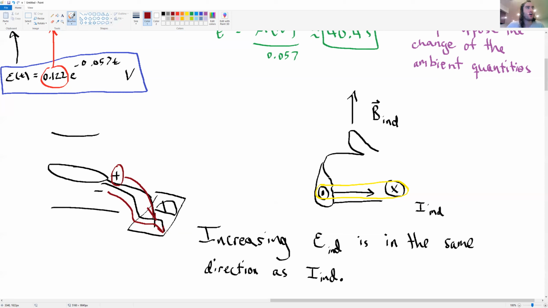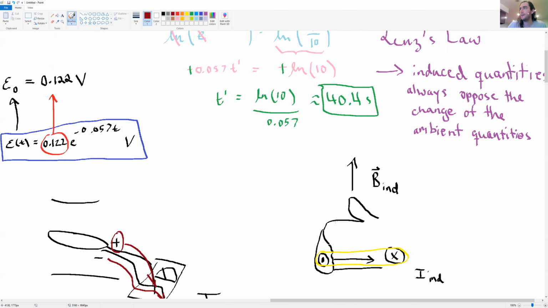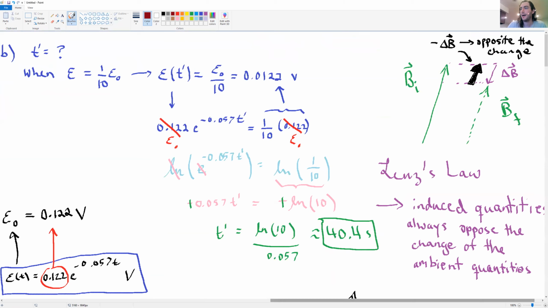I think maybe one of the more difficult things in this section, if you're going to apply Faraday's law and Lenz's law to find the direction, is this part right here. This is the strategy that you want to make sure you study a little bit outside of doing any particular problem.